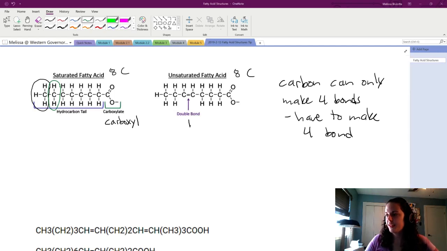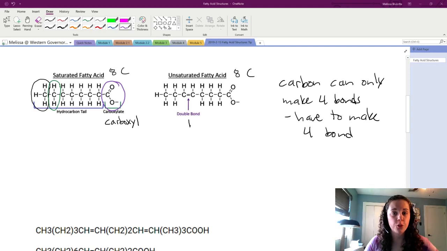If we go all the way to our carboxylate group, this carbon is attached to 1 other carbon, and then it has 1 bond to 1 oxygen and 2 bonds to the other oxygen. So it's already making all 4 bonds and therefore doesn't have any hydrogens attached.